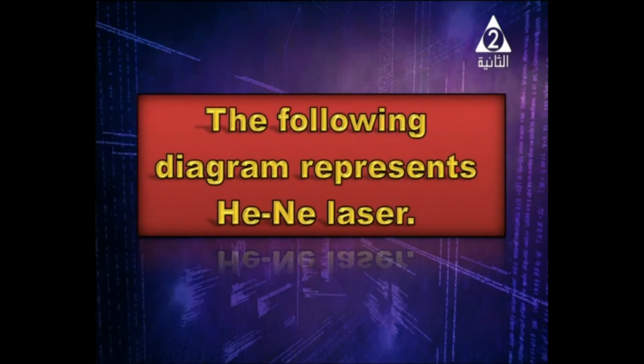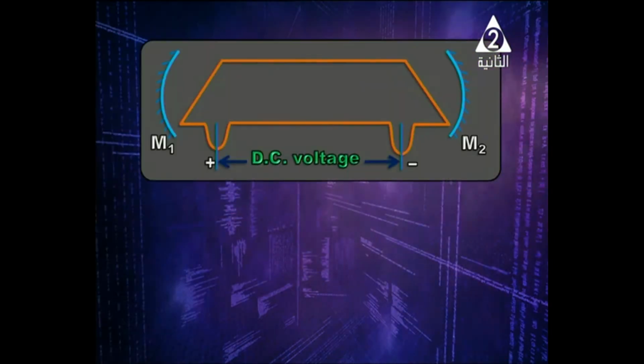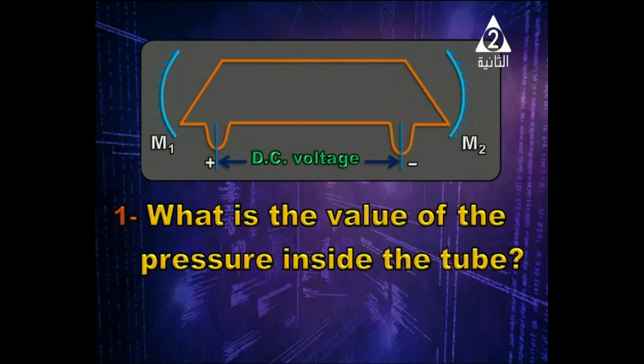The following diagram, we've got another sort of question, represents a helium neon laser, okay? What is the value of the pressure inside the tube? It asks about the value of the pressure inside the tube. Of course, it's all easy.